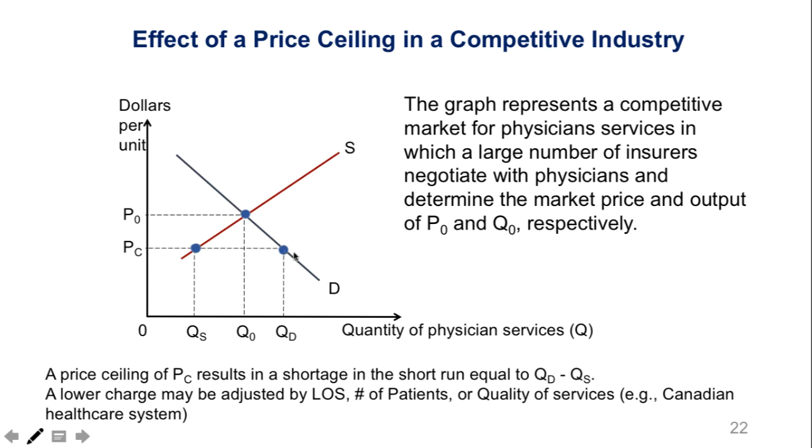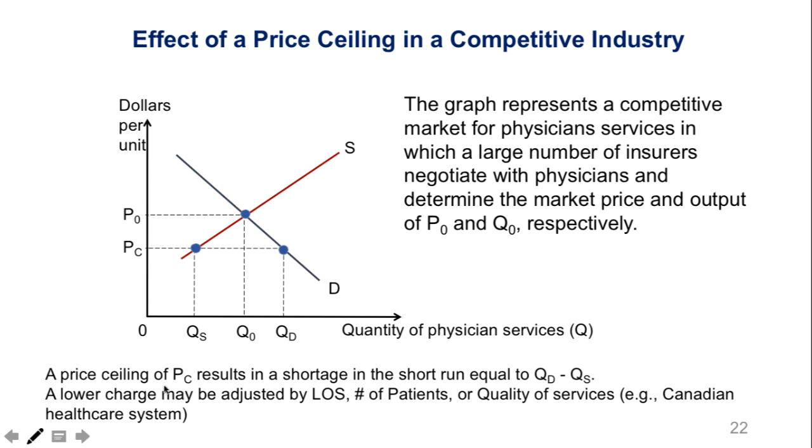It crosses the supply curve at the point of QS and crosses the demand curve at QD, meaning the quantity demanded with this lower price is at point QD and the quantity supplied is at QS. Therefore, the difference between QD, quantity demanded, and QS, quantity supplied, is the shortage in the market, which is created with this price ceiling, which is lower than the equilibrium price.